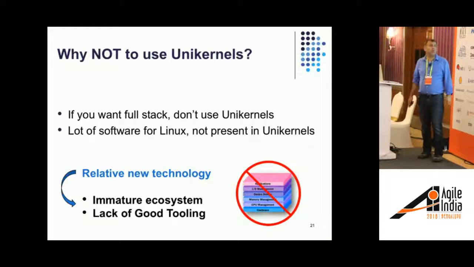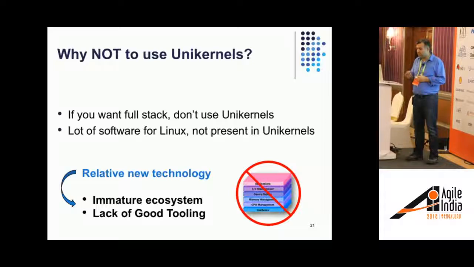Unikernels are still gaining popularity. I think with the switch to microservices, adoption of unikernel is going to be much higher than now. But it's still a while before we see unikernels entering mainstream technology.